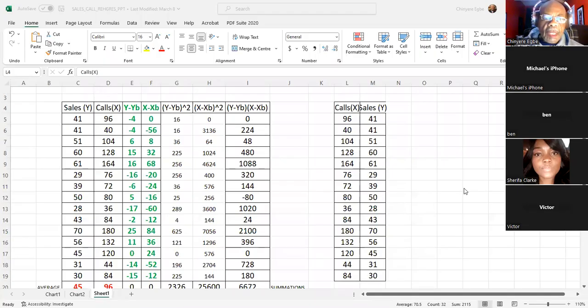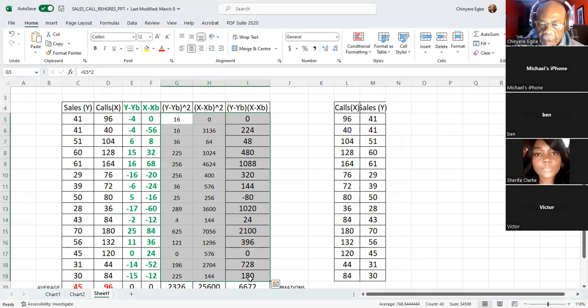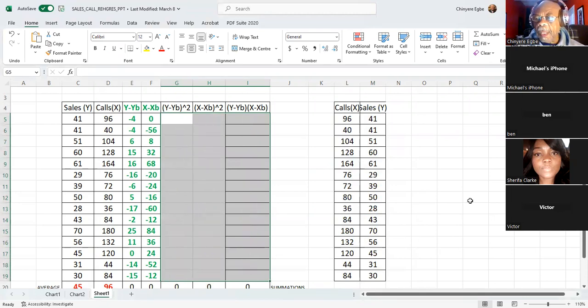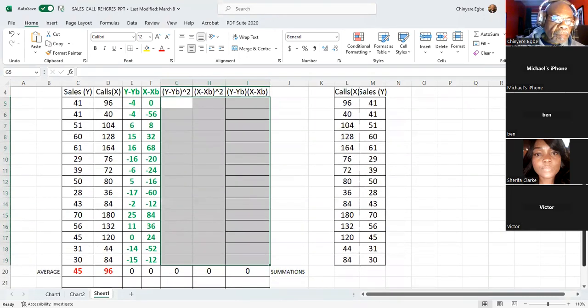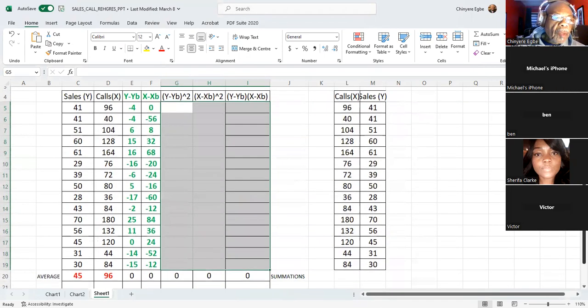Okay, so I'm going to take all of this out for now so that you don't see anything. All right, so you can see you get sales. Sales is Y, and sales calls is X. The more calls you make, the more sales you make. Now, that makes a lot of common sense, all right? If you're a salesperson and you just sit on your desk, you might still make sales.